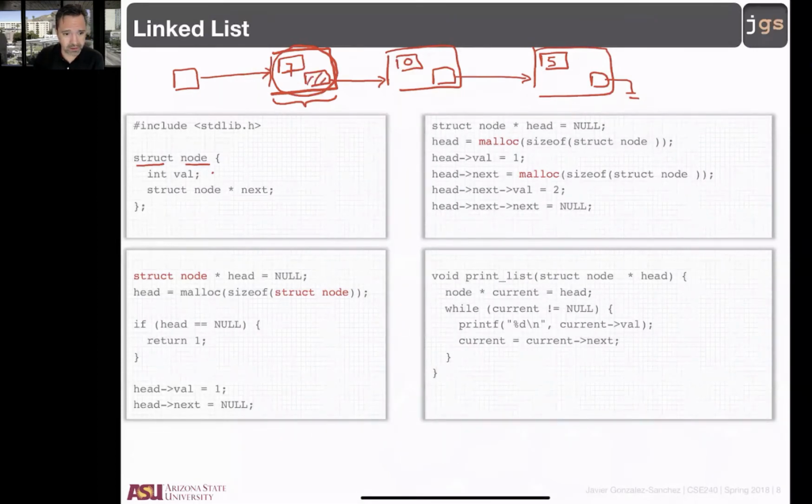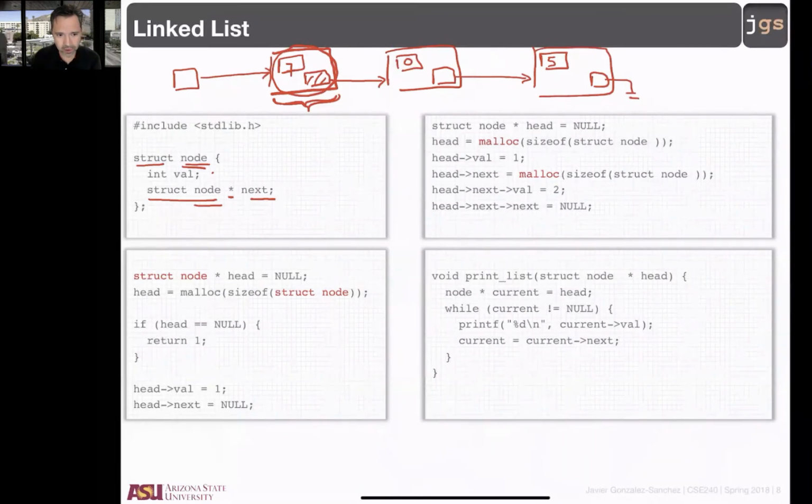But then you need another element, and that other element is a pointer to the next element, a pointer to something that is the same as this. So a pointer next to this. And I want to be sure that it is clear that inside of a struct node, I can have a pointer to a struct node.